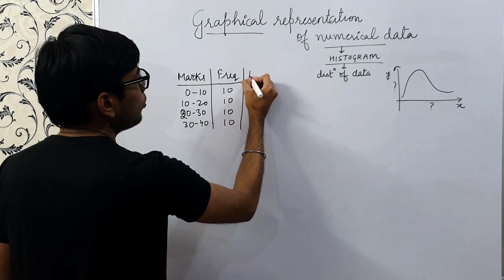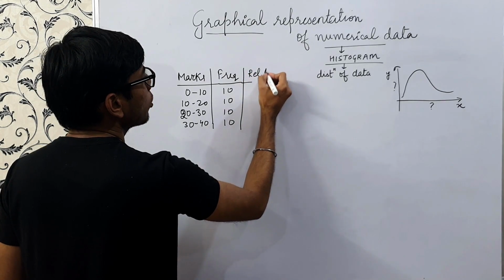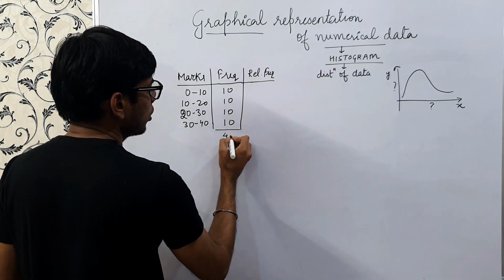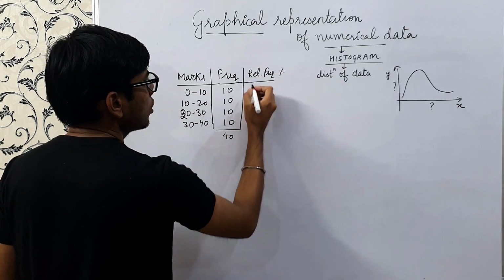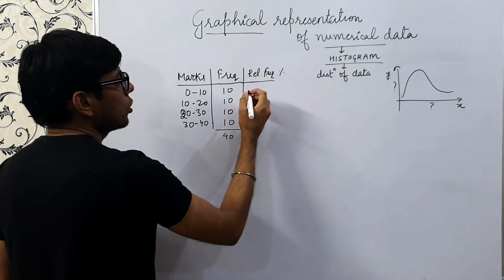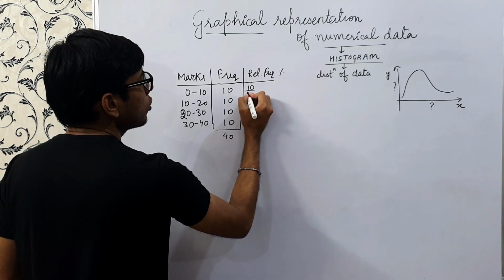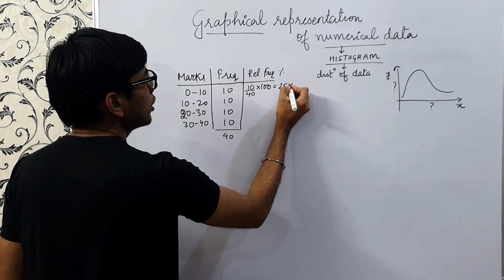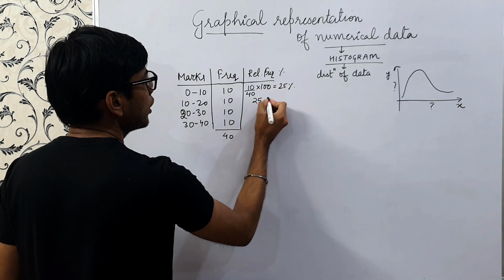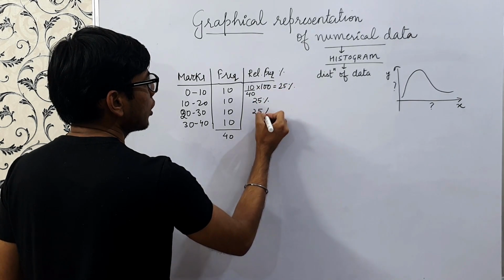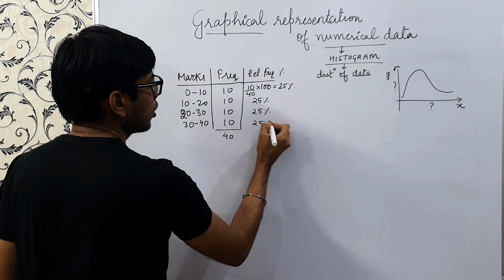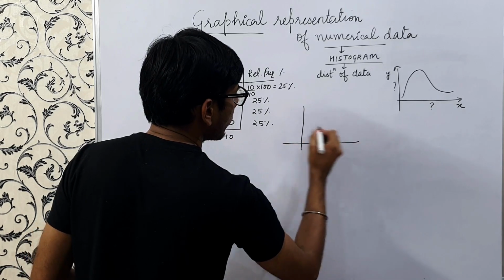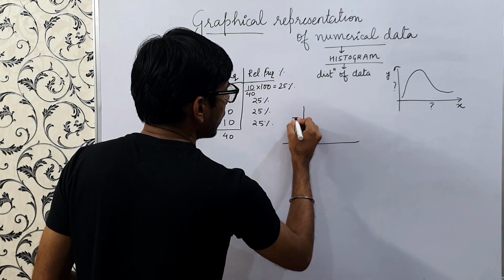So we'll calculate the relative frequency. Relative frequency is nothing but the percentage of students in each bin. So here it would be 10 upon 40 into 100, that is 25%. This means 25% of students fall in the 0 to 10 category. Now if we make a histogram of this, it would be 25.